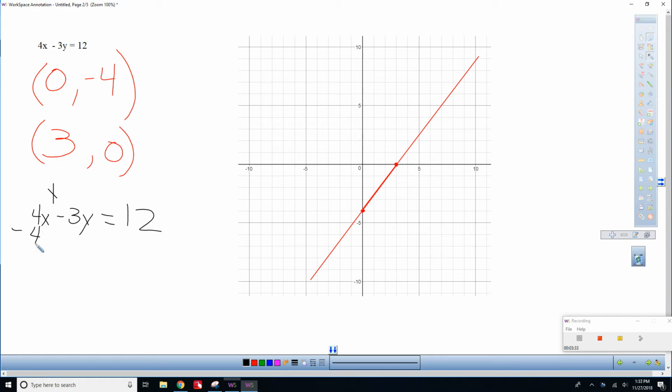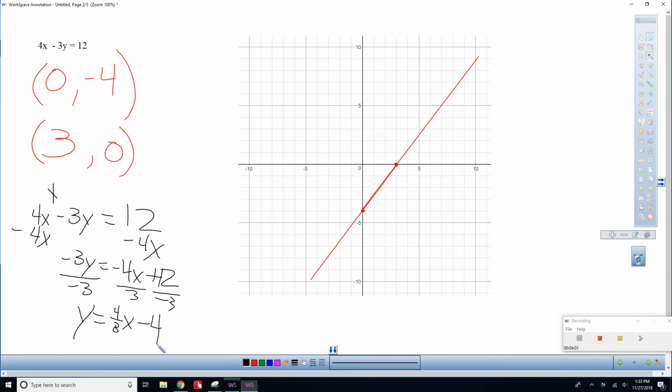So I'm going to subtract 4x. And I get negative 3y is negative 4x plus 12. Divide each side by negative 3. And you get positive y is positive 4/3 x minus 4. Oh, well, let's look at that.